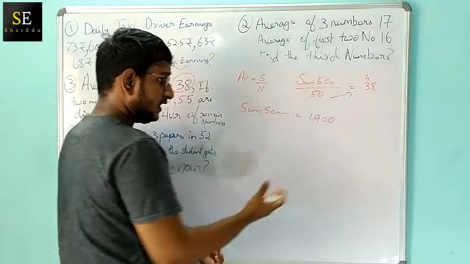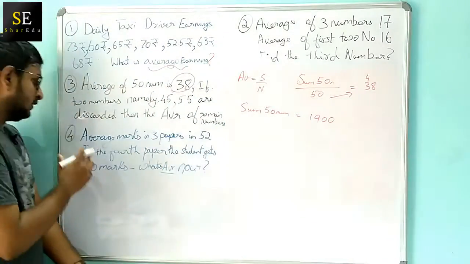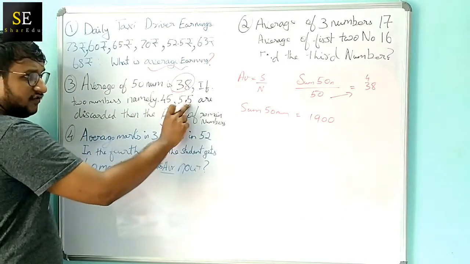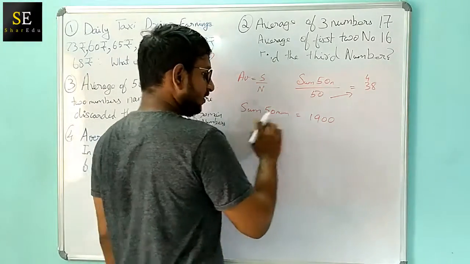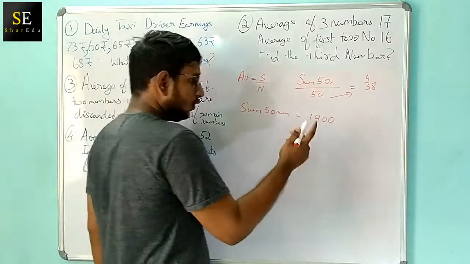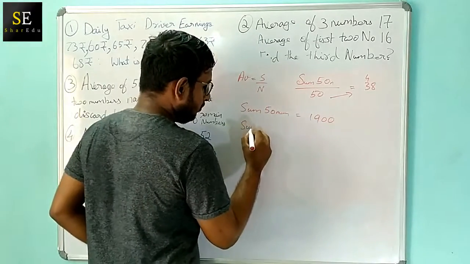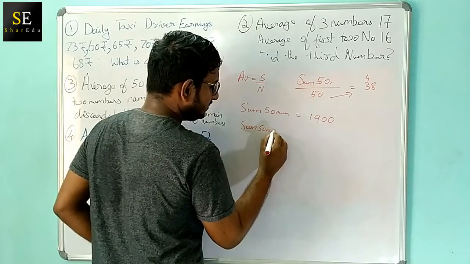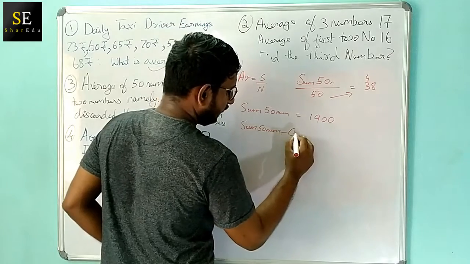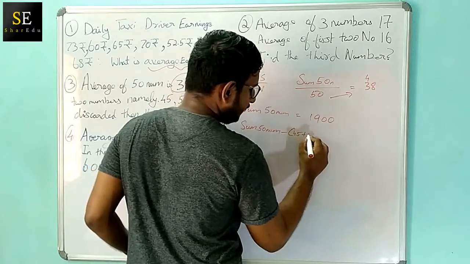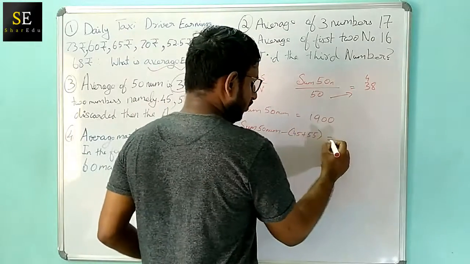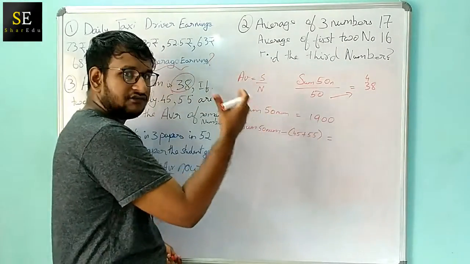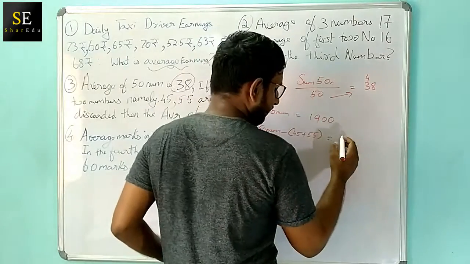Now they are saying that two numbers, 45 and 55, are discarded from it. So they are removing 45 and 55 from this set of 50 numbers. So what will be the value then?